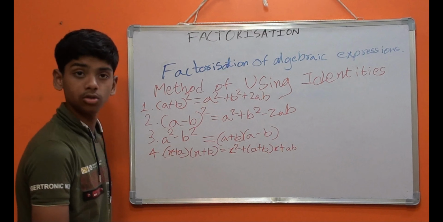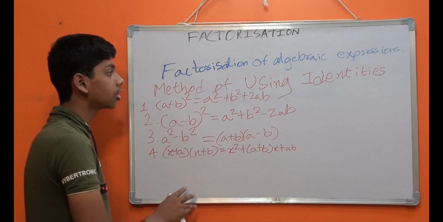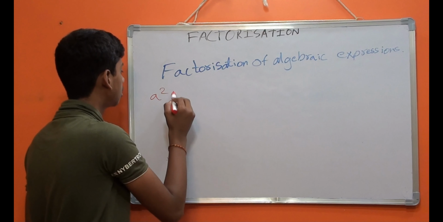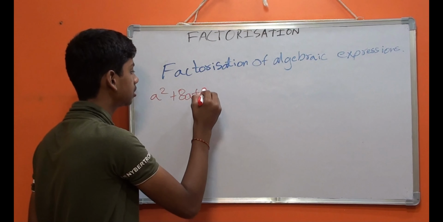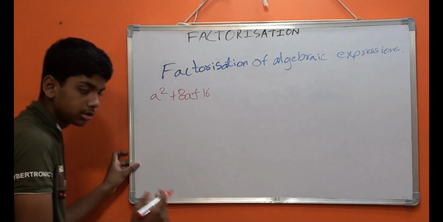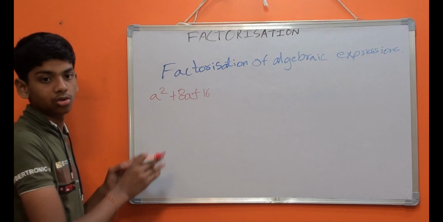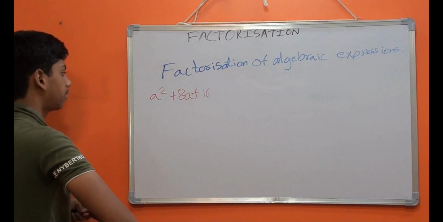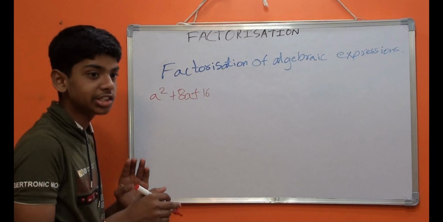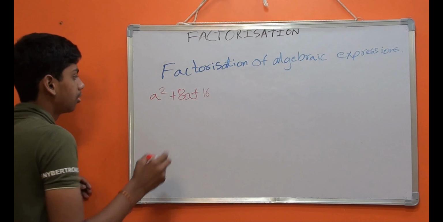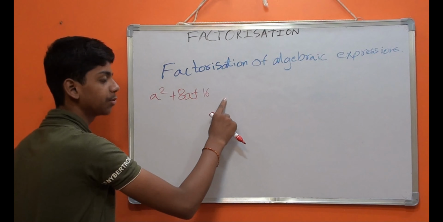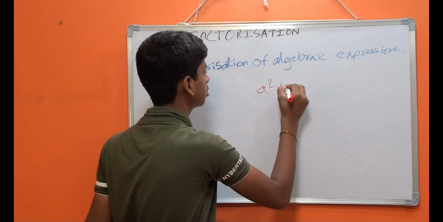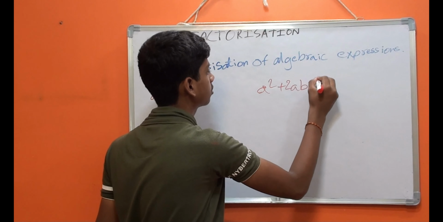So guys, now let's do a few sums based on these identities. So guys, they give a question: a square plus 8a plus 16. So we have to factorize it, which means we have to simplify it. Now let's see how. First, find out which identity it matches with. Now this expression matches with a square plus 2ab plus b square.